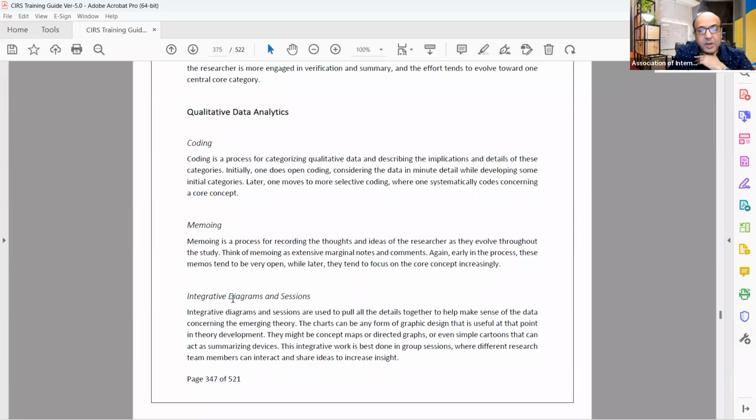In integrative diagrams and sessions, you're going to have to sit and build all sorts of diagrams, cause and effect diagrams. You can build any of the graphs of your thoughts, what you call neural charts, or it could be brainstorming charts.